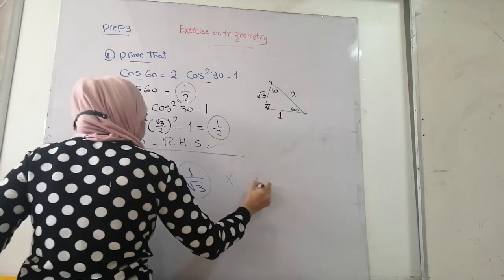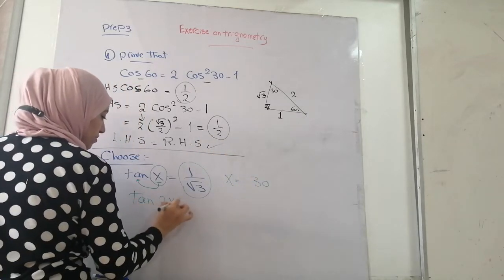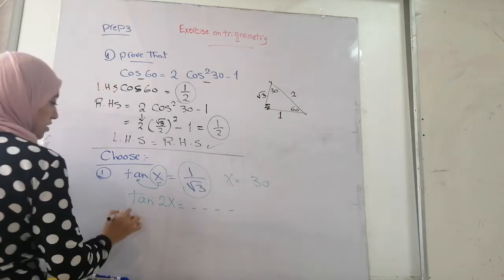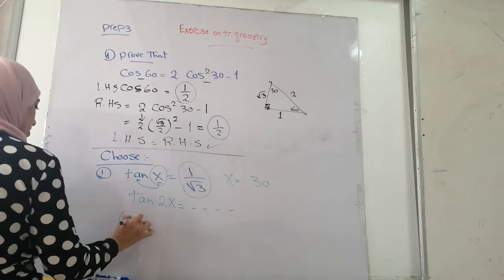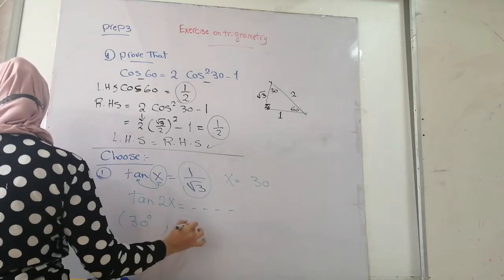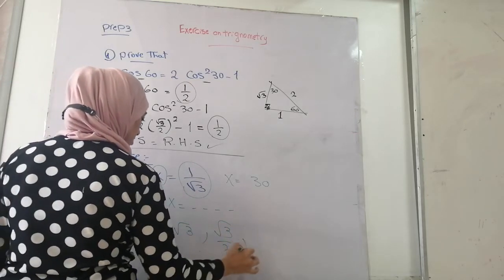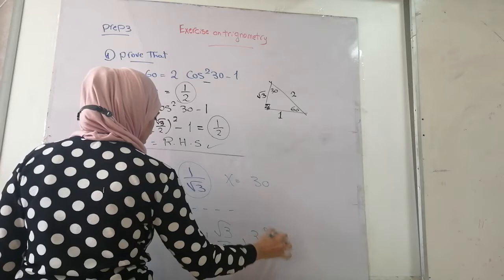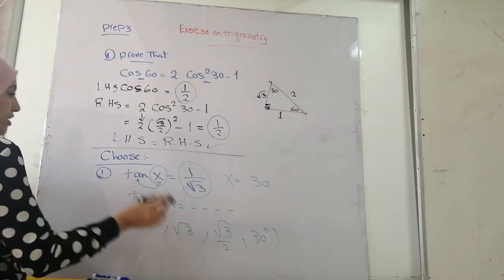30 degrees. Now if he asked me for tan 2x, and the choices were 30 degrees, root 3 over 2, 30 degrees. He wants to find tan 2x.